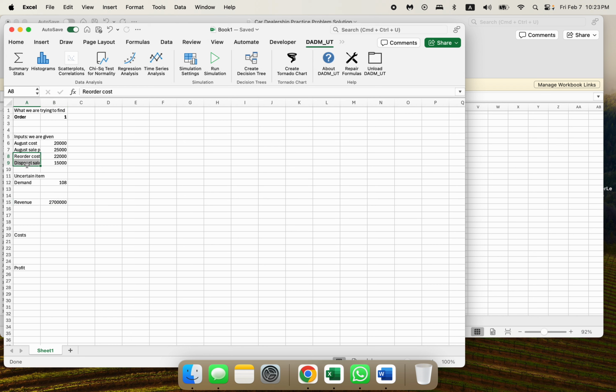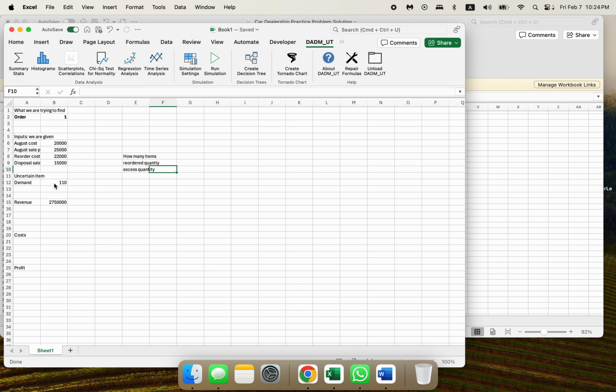But we also have to think about how many items are reordered and the excess quantity. Basically, if we order more than we demand, that means we have an excess.